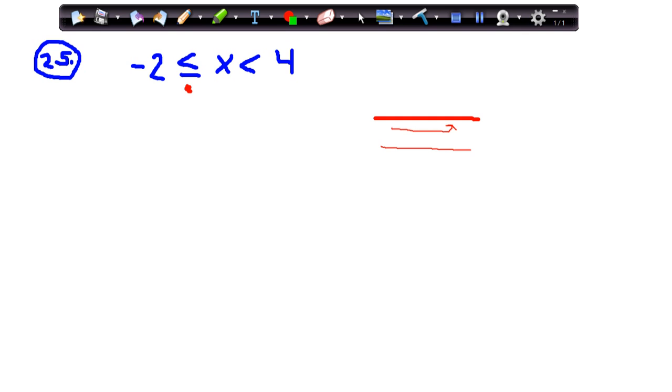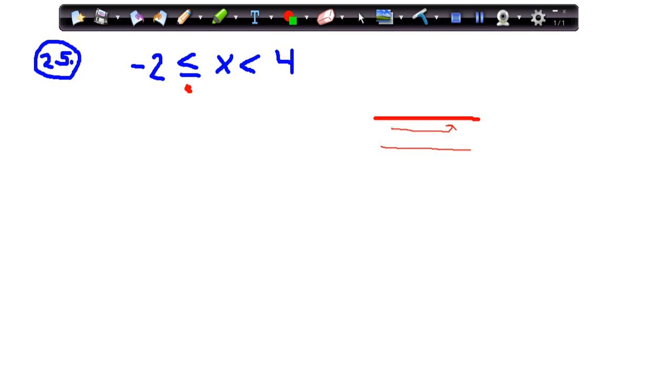Okay, so let's go and look for less than 4 on the thick line. Let's see which one shows us that. Okay, when I look at B, it doesn't show less than 4 because the 4 is a closed dot. The 4 is included. So again, we can eliminate B. Let's look at A. A shows an open dot for 4.